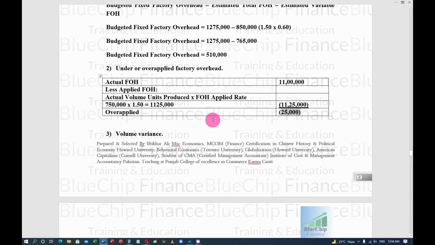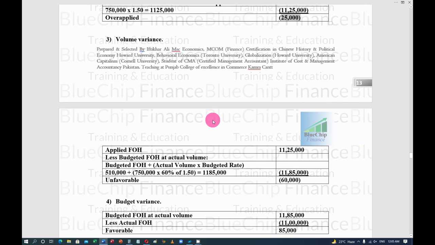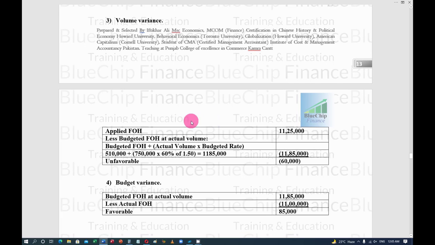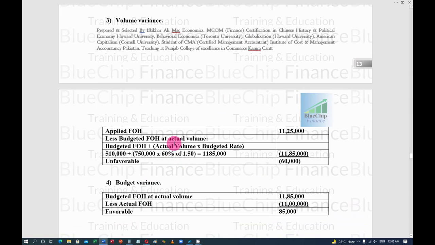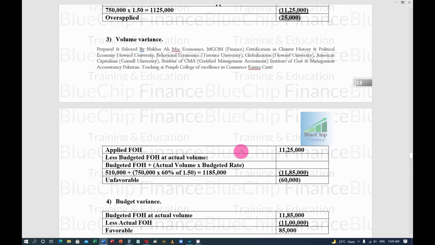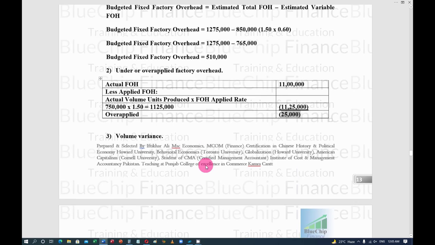The next requirement is to calculate volume variance. Volume variance always equals applied FOH, that is 1,125,000, less budgeted FOH at capacity attained or actual volume. Budgeted FOH at capacity attained is budgeted fixed FOH plus capacity attained multiplied by variable rate.